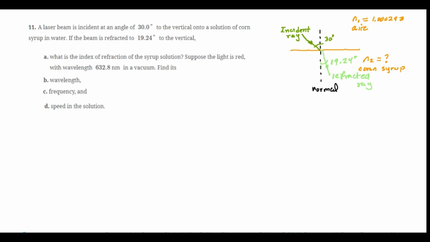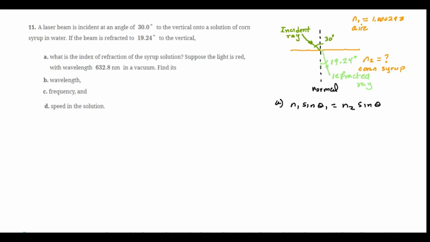So again, we use Snell's law. So I would say, well, if I have to calculate n sub 2, I will say that n sub 1 sine of theta sub 1 is equal to n sub 2 sine of theta sub 2. Right?